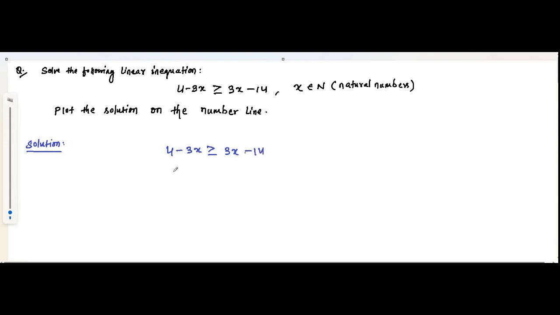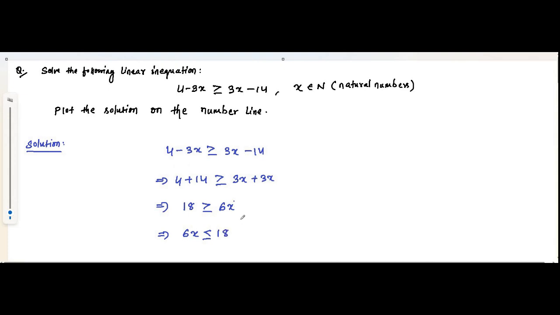So here what we'll do, we'll take this minus 14 and bring it to the LHS, it will become plus, and we'll take this minus 3x and take it to the RHS and it will also become plus. So we have 4 plus 14 is greater than or equal to, the sign of inequality will stay the same, no change, 3x plus 3x, that implies 18 is greater than or equal to 6x, or it's the same as 6x is lesser than or equal to 18.